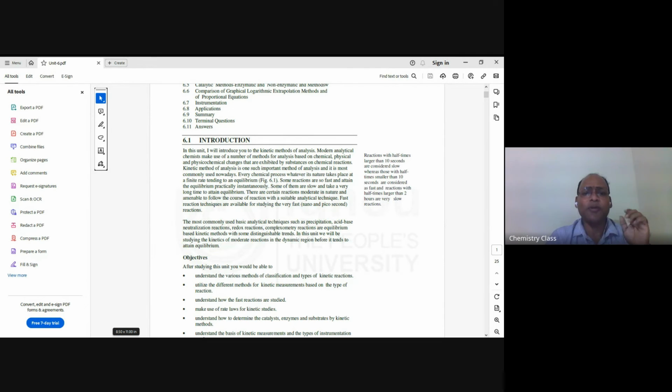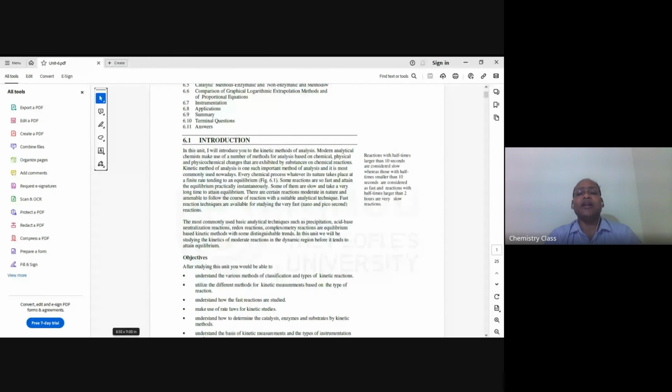These are certain reactions moderate in nature and amenable to following the course of reaction with suitable analytical techniques. Fast reaction techniques are available for studying very fast reactions, in the nano and picosecond range. The most commonly used basic analytical techniques are precipitation, acid-base neutralization, redox, and complexometric reactions, which are based on kinetic methods.